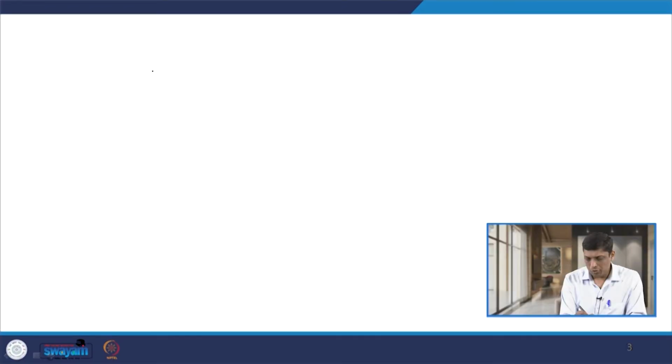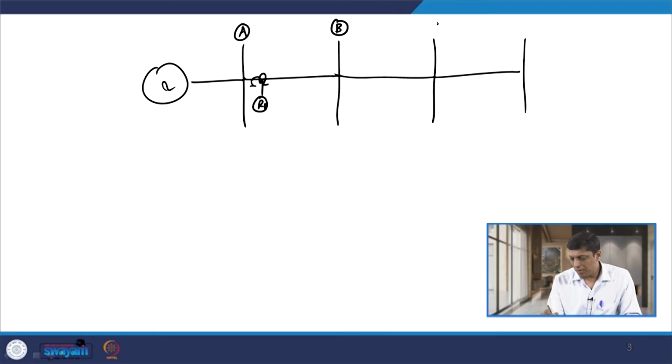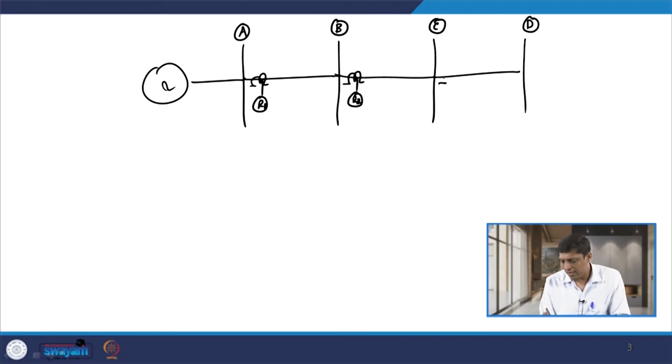Suppose there is a source and then a radial network, and between bus A and B there is one line section or distribution feeder connected, and the relay here, let us say, is R1. In the same way, between bus B and C another relay R2 is connected, and between bus C and D the third relay, let us say R3, is connected.